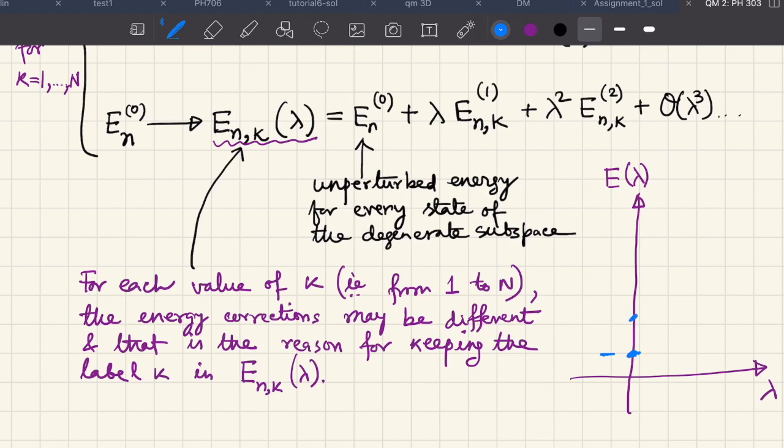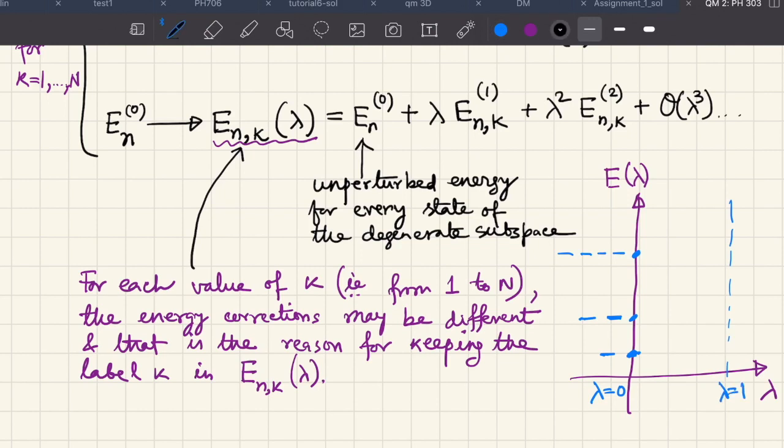Then at this point of energy, suppose I have two states which are having degeneracies, that means which are having the same value of the energy. Then suppose here at this point I have say 4 states which are having the same value of energy. Now we start from lambda equal to 0 and we go till lambda equal to 1 because that is the range.